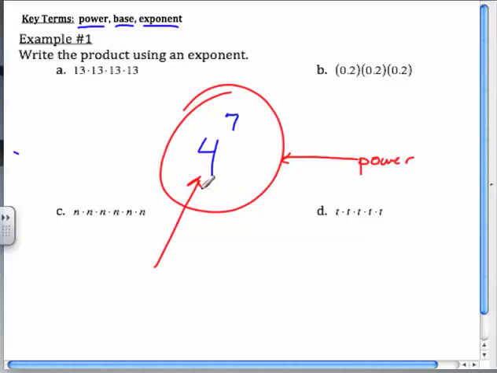Ross, what is it? Thank you, Ross, it is the base. Okay, the thing on the bottom. All right, this thing up here now, Ross, is called what? The exponent. Excellent.